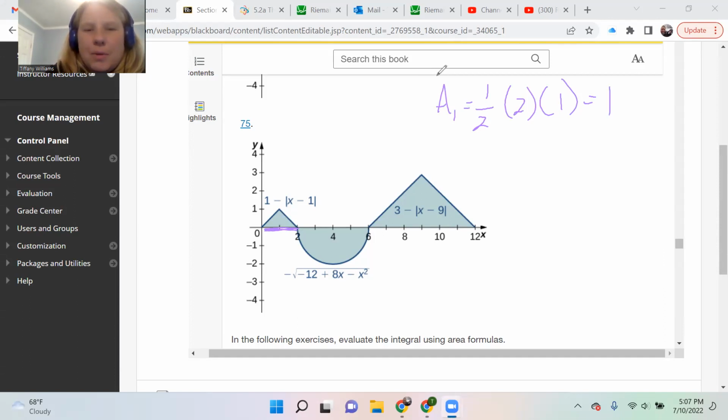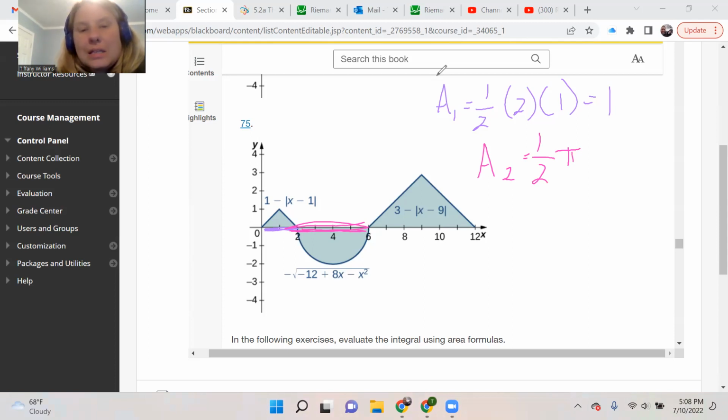Now, let's see what you remember from geometry. This second shape is a semicircle. So area 2 is going to be, well, to find the area of a circle, remember it's pi r squared, but this isn't a full circle, this is a half circle. So the area is actually going to be 1/2 pi times r squared.